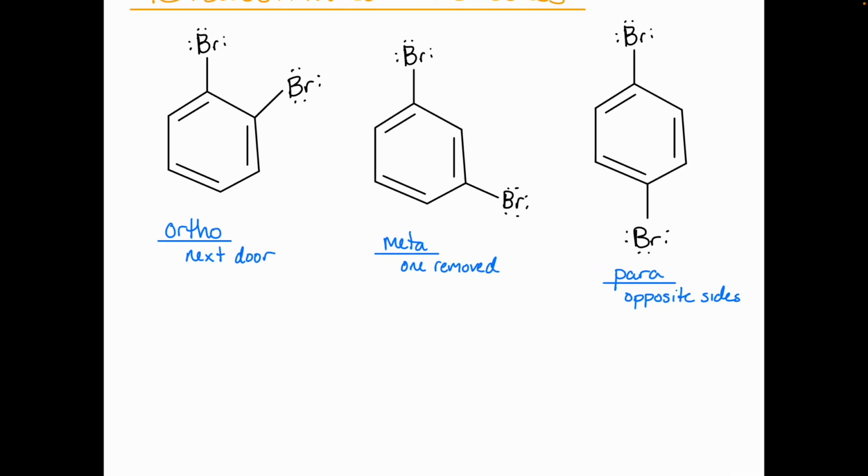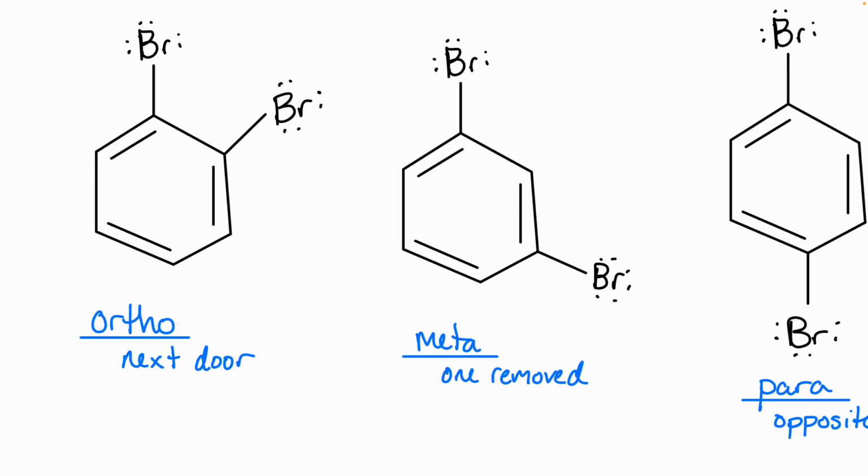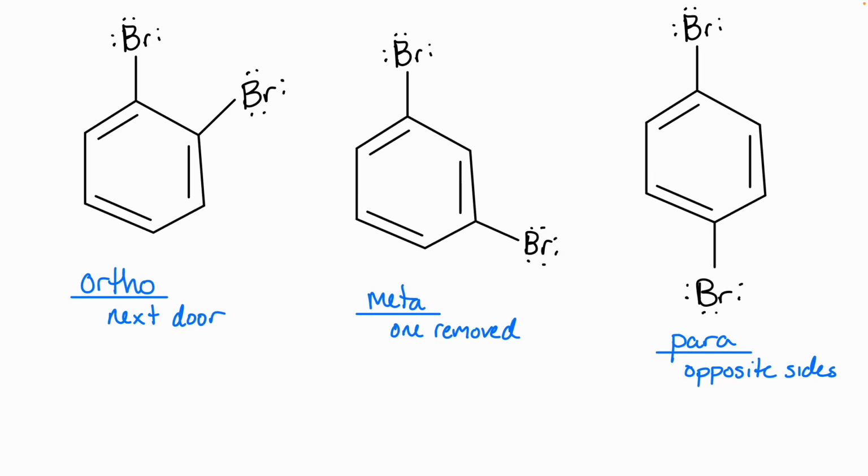All right, so if we're going to name our ortho molecule here, instead of indicating with locants, instead of indicating with numbers, you would just say ortho-dibromobenzene. All right, there is a dash between ortho and the remaining part of your name.